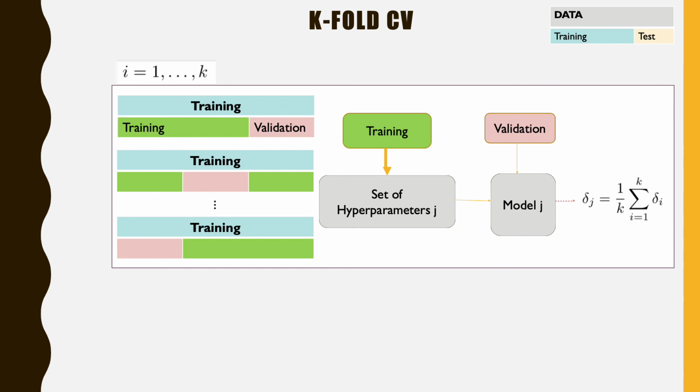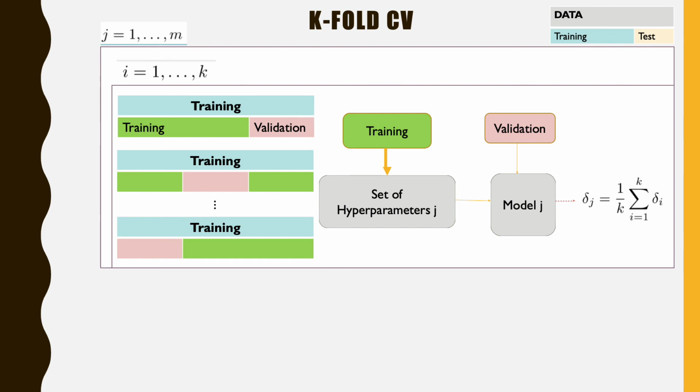For this j, at each step we use an accuracy measurement, okay? And we repeat that k times. Now we are able to find the maximum of this accuracy, and we will use the corresponding j as our hyperparameter.